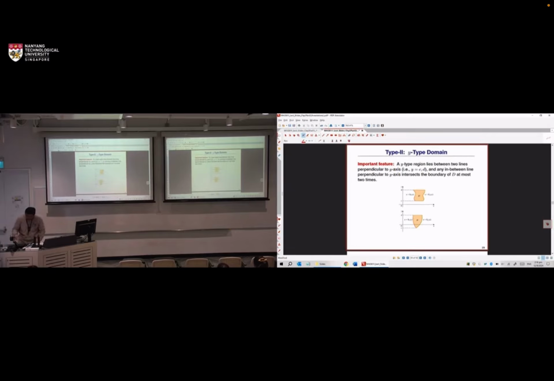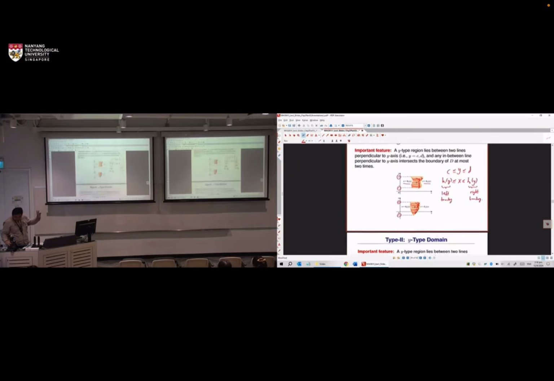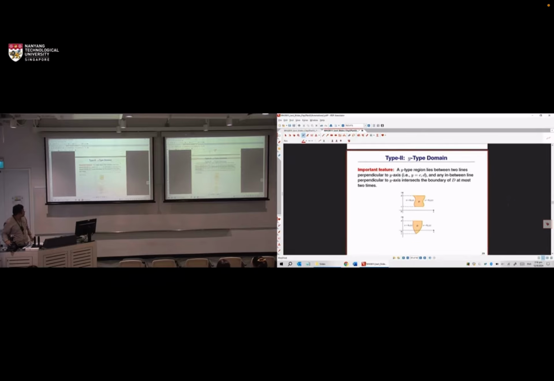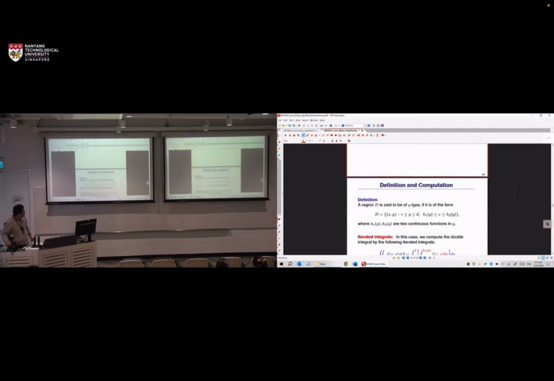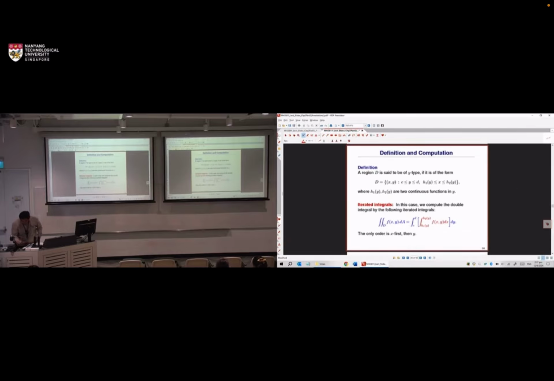This is the clean picture, which I will also put in the slide in the solution, in case people don't like to see my wording. So after you determine that it's a y type, you can write out all these things, and then it comes with this formula.